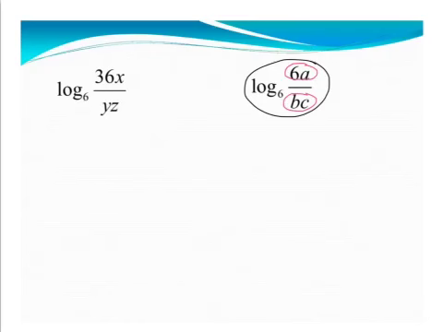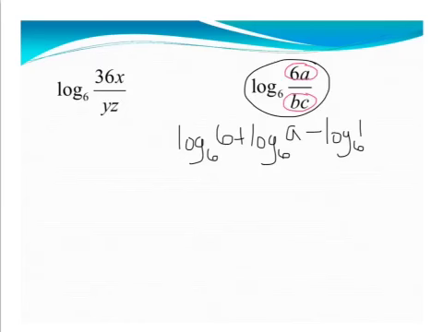So I'm going to have log base 6 of 6 plus, because the a is in the numerator, so that means that it's going to be positive, log base 6 of a, and now I'm going to the denominator, so I'm going to do subtraction, minus log base 6 of b, and we're still in the denominator, minus log base 6 of c.